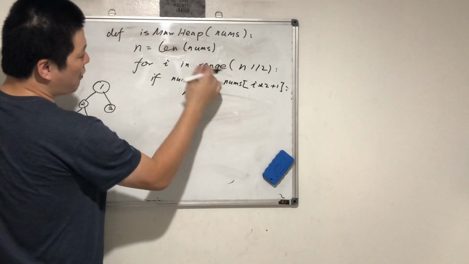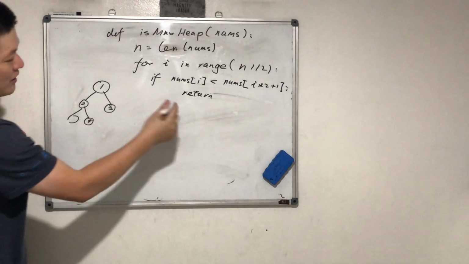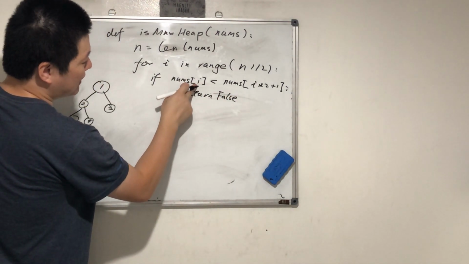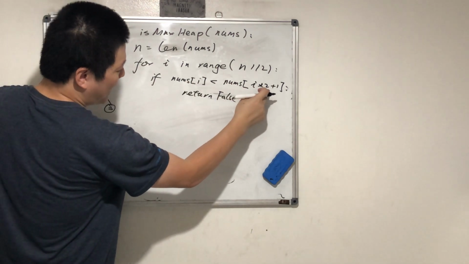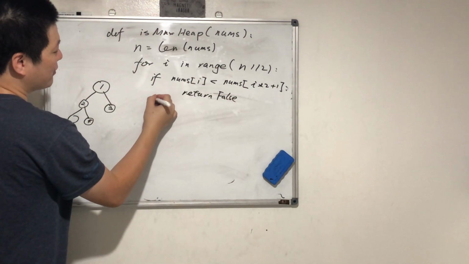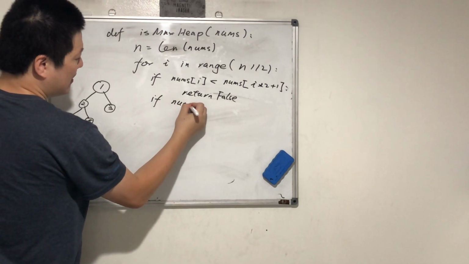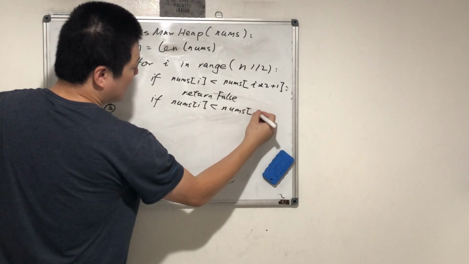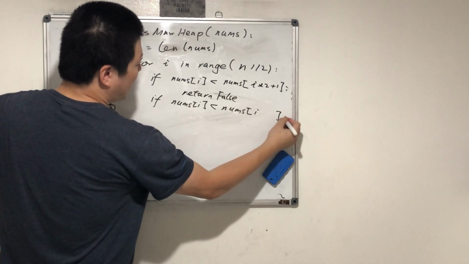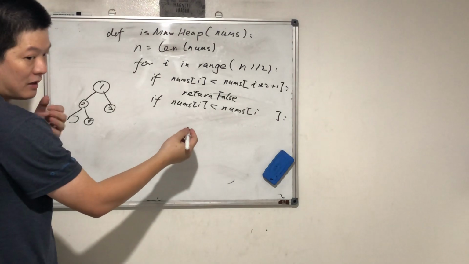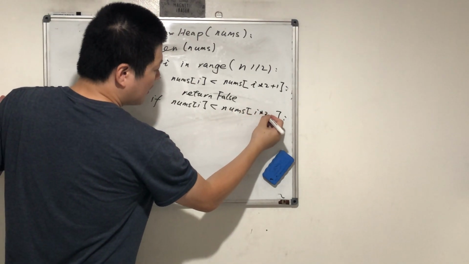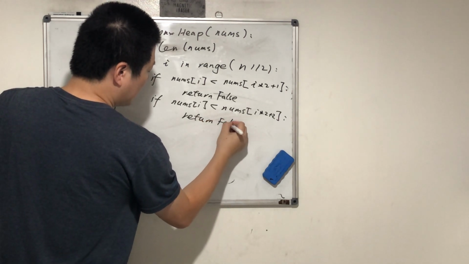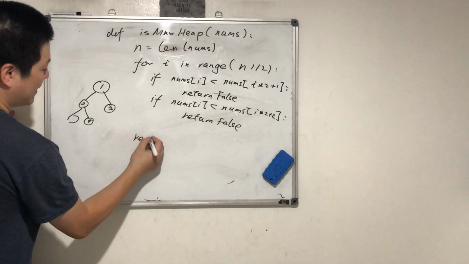If it's the opposite, we check. For each nums[i], it needs to be bigger than nums[i times 2 plus 1]. We also need to check if nums[i] is smaller than the right kid, which is i times 2 plus 2. Then return false, and otherwise return true here.